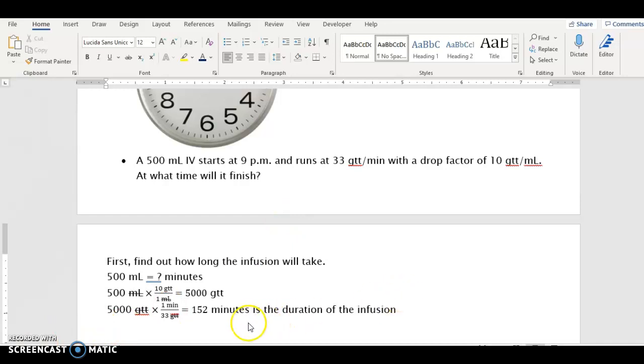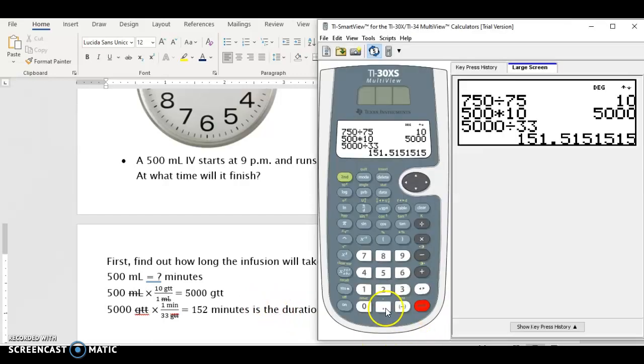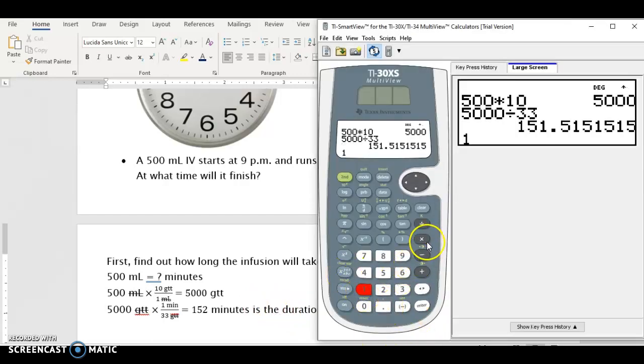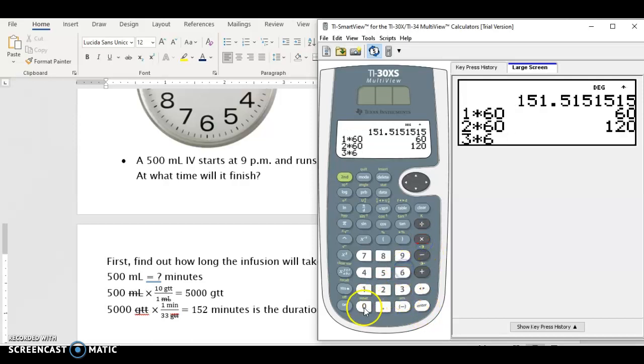But the question is, how long exactly is 152 minutes? You already know that there are 60 minutes in 1 hour. So 1 hour is equal to 60 minutes, 2 hours is equal to 120 minutes, and 3 hours is equal to 180 minutes.